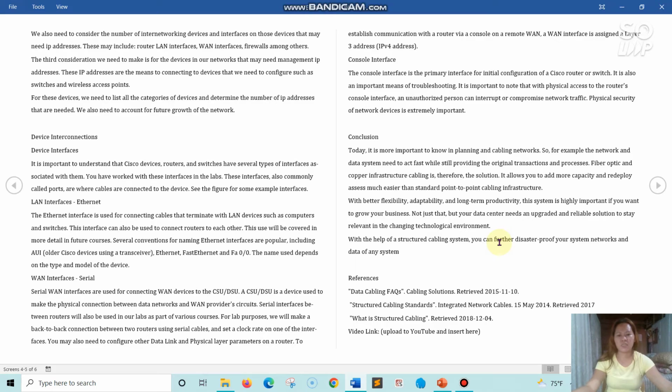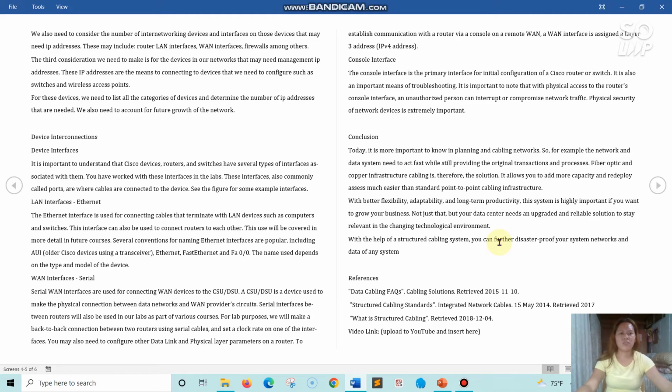For lab purposes, we will make a back-to-back connection between two routers using serial cables and set a clock rate on one of the interfaces. You may also need to configure other data link and physical layer parameters on a router.